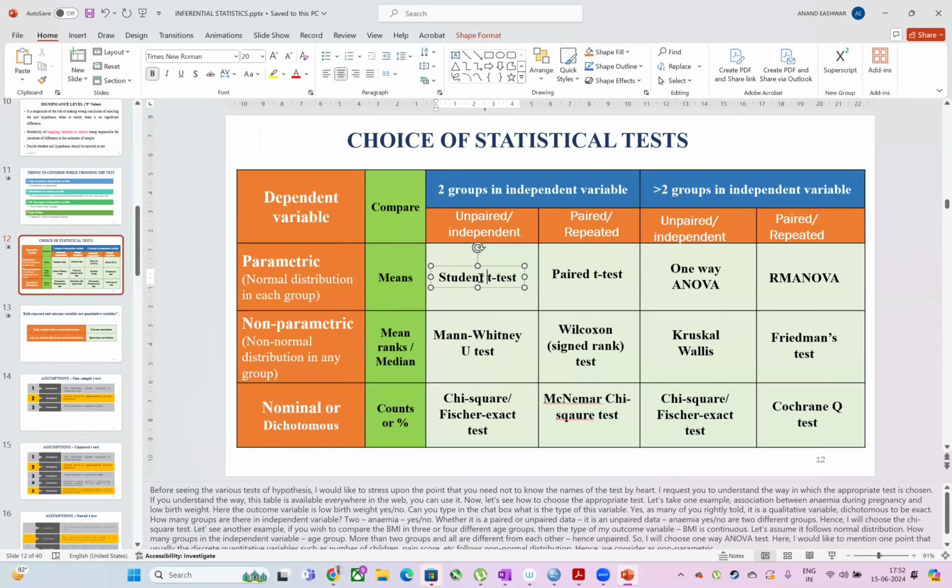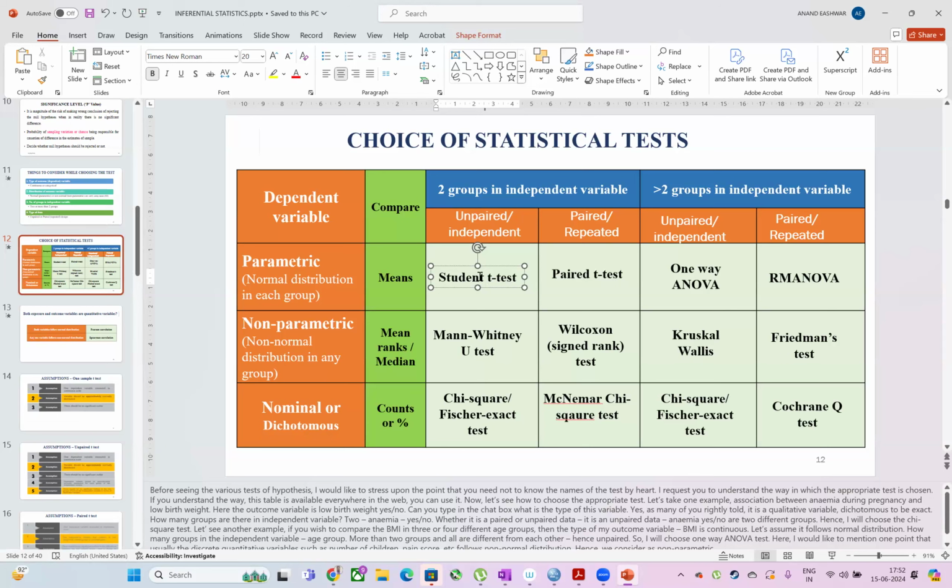Sir, in all the tests we have seen one thing common, that irrespective of parametric and non-parametric, if the result is significant in the parametric test, the same variables have a significant result in the non-parametric test also. Yes, exactly. Sometimes, or most of the time, it will be significant in both.